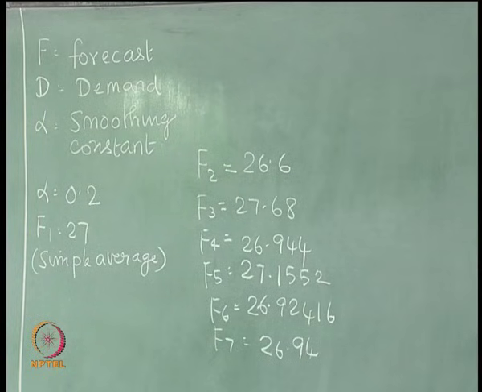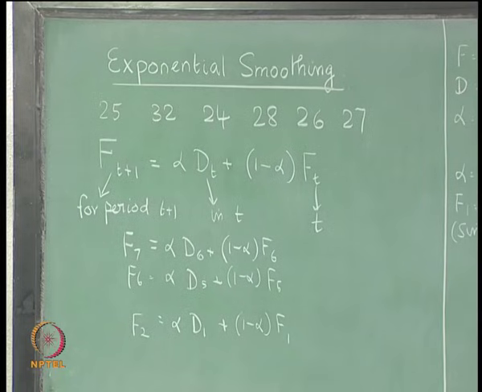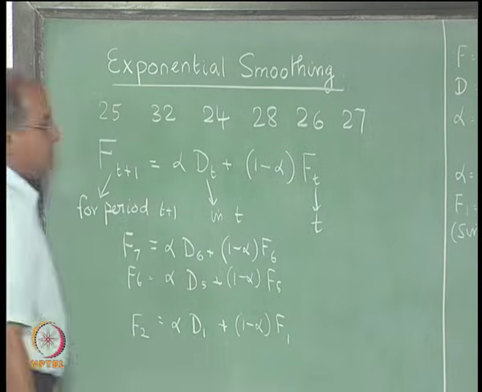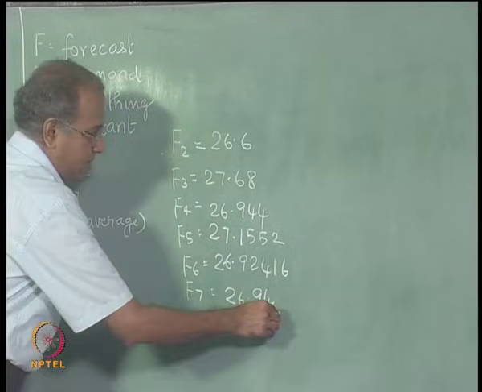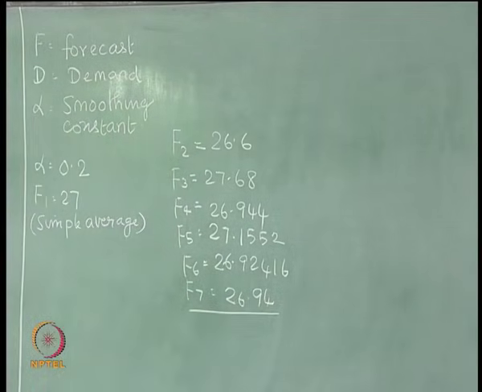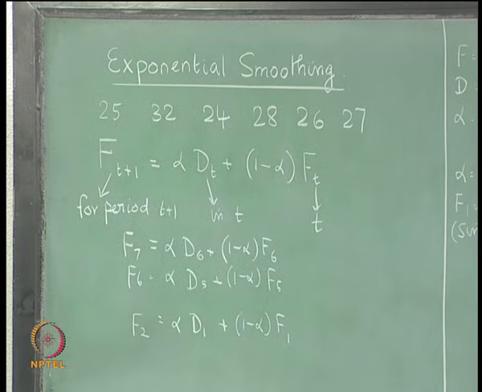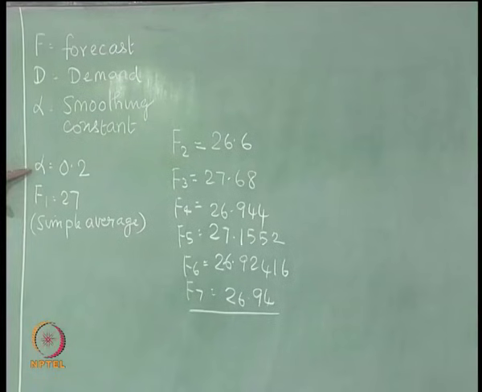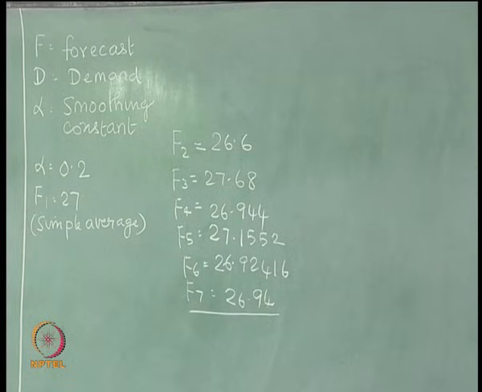So F7 is the forecast for period 7. Based on this exponential smoothing model, we have calculated the forecast for period 7 as 26.94. This 26.94 is calculated based on two assumed values: one is alpha equal to 0.2 and the other is F1 equal to 27.